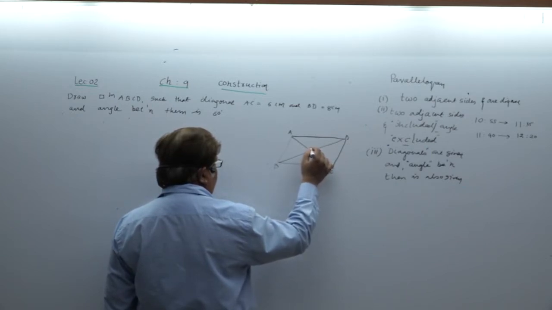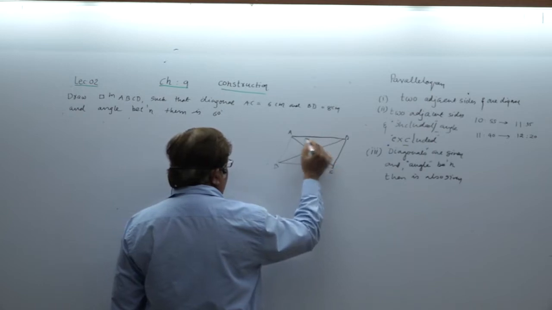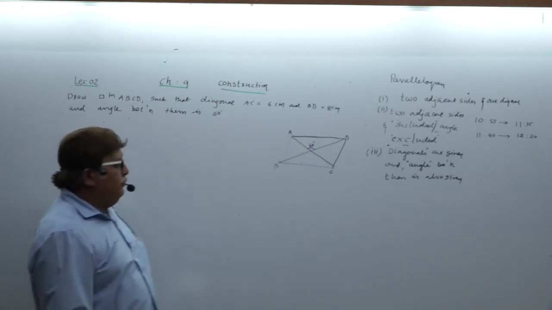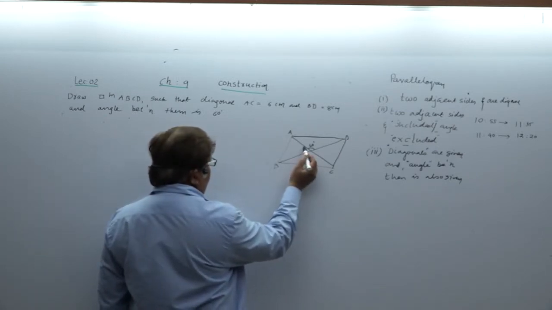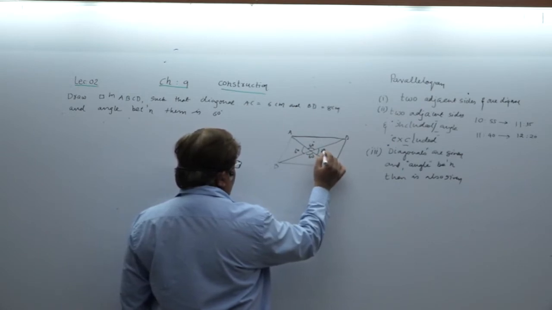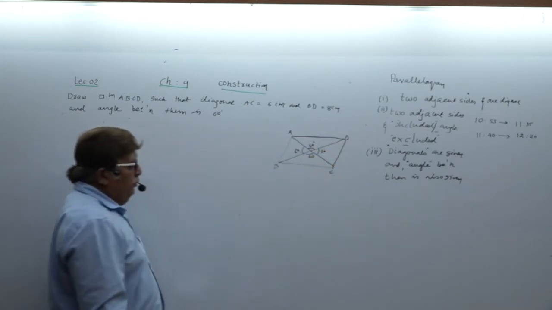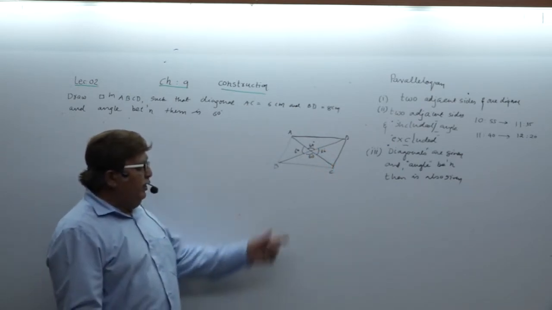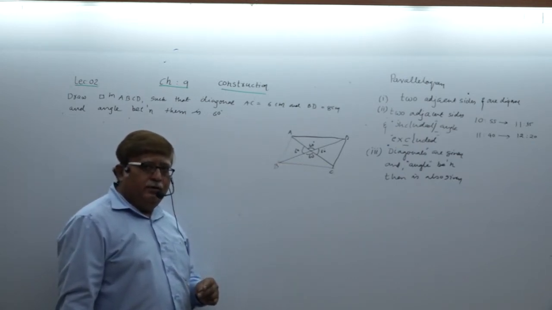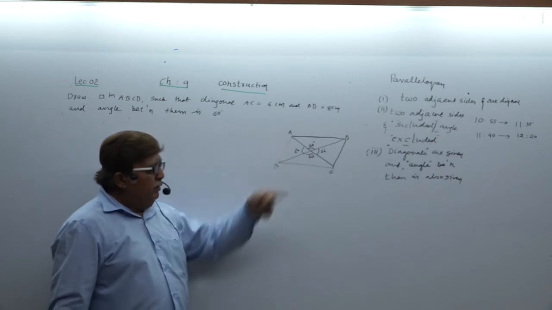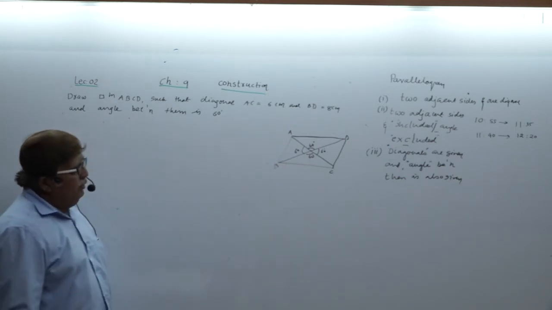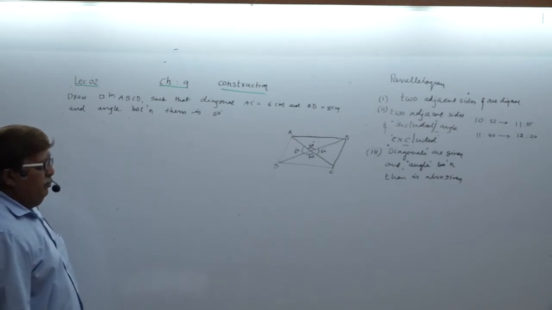So the angle between the two diagonals is already 60 degree, so all these angles you can mention, all these are going to be 60 degree. And as you all know, if you construct parallelogram in such a way, the diagonals are slanting. So let us start with diagonal AC, which is already given 6 centimeter.